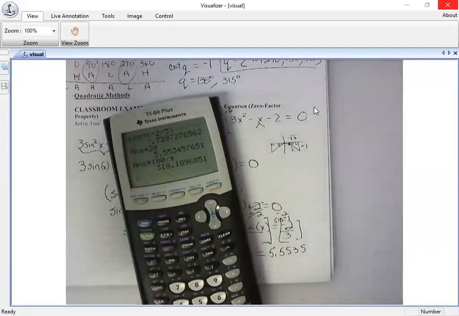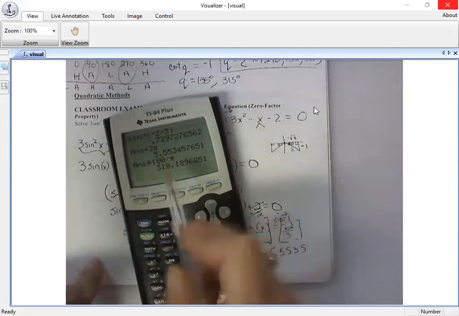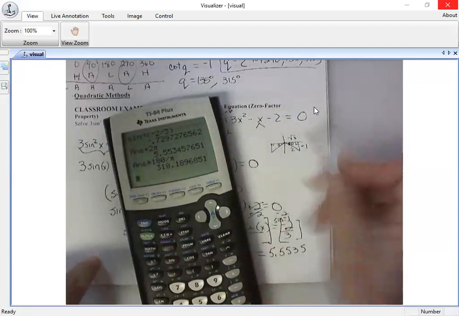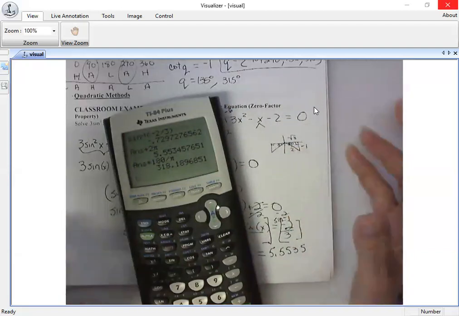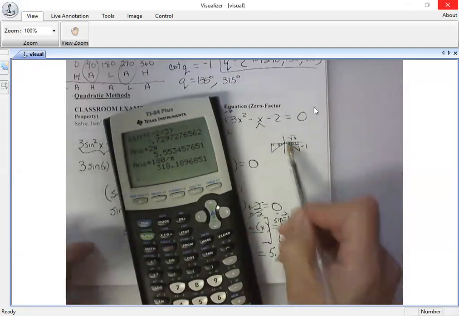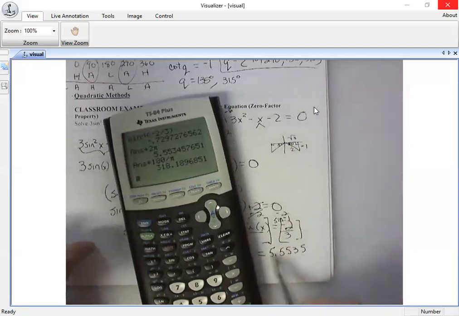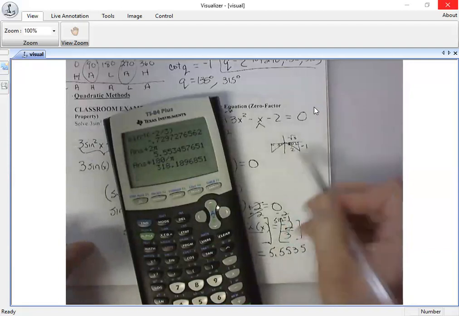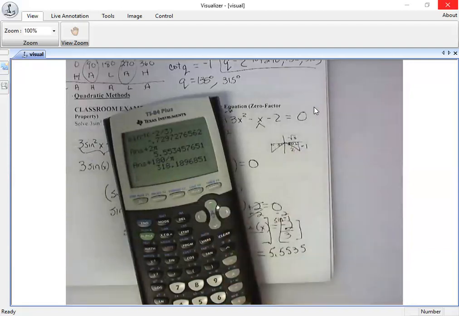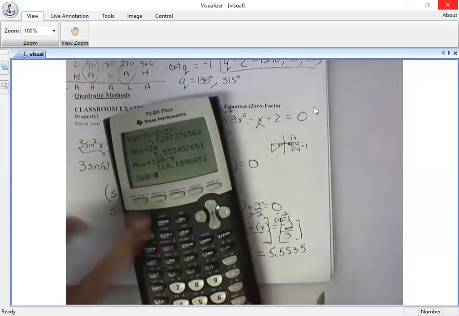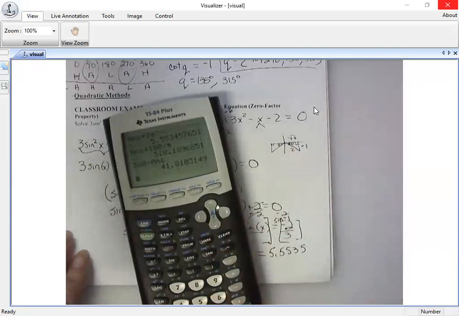If you guys were to take this 318.1896 degrees, which is what this 5.5535 radian measure is in degrees, then that means we would have about a 41.8 degree angle, right?